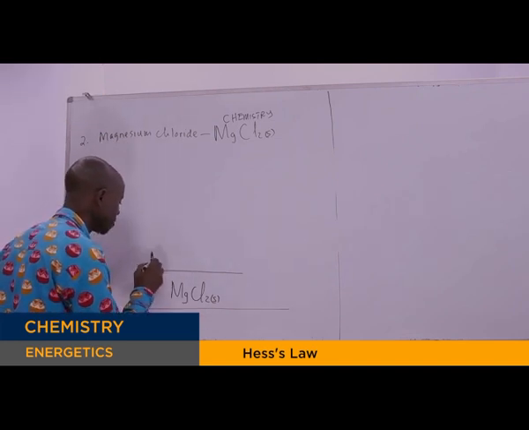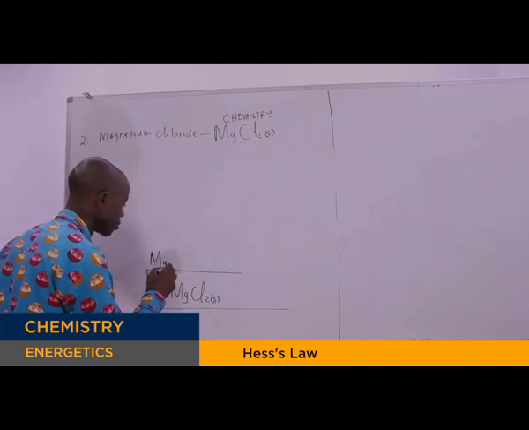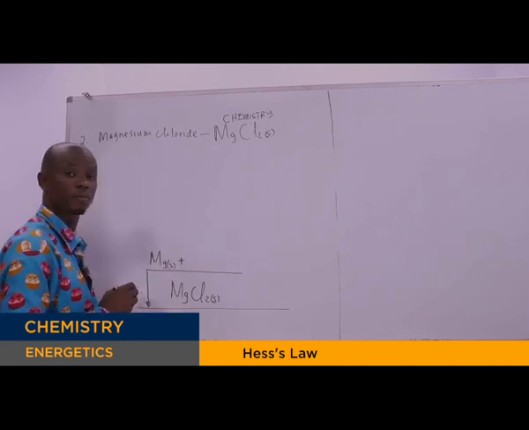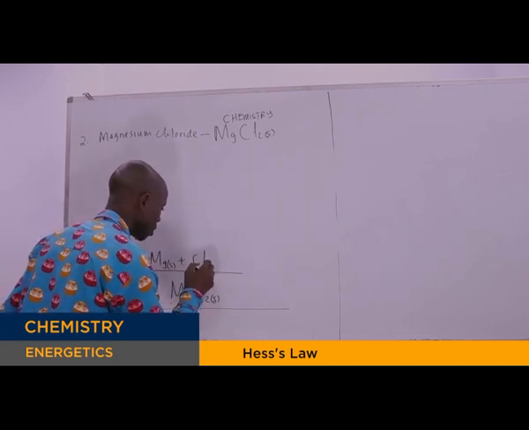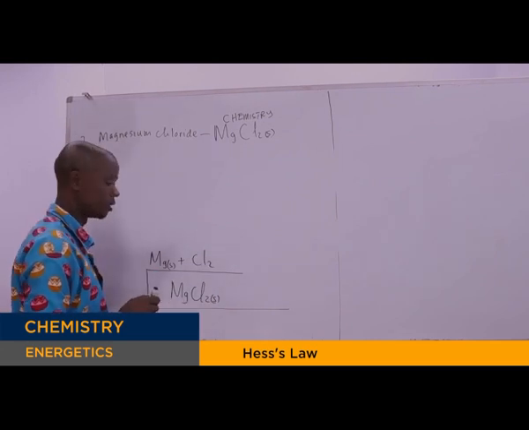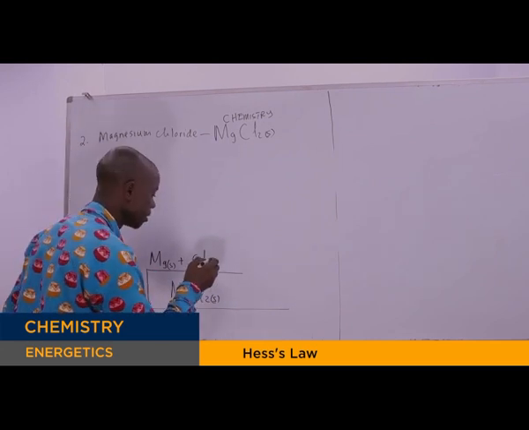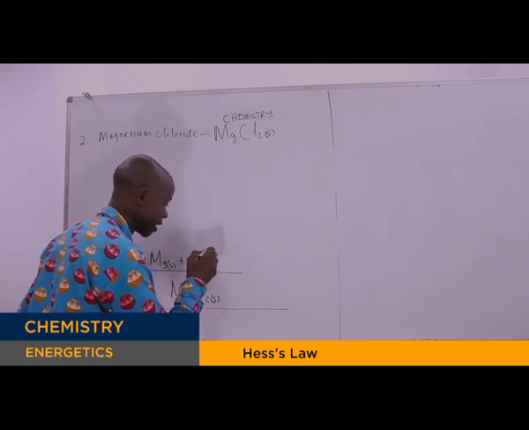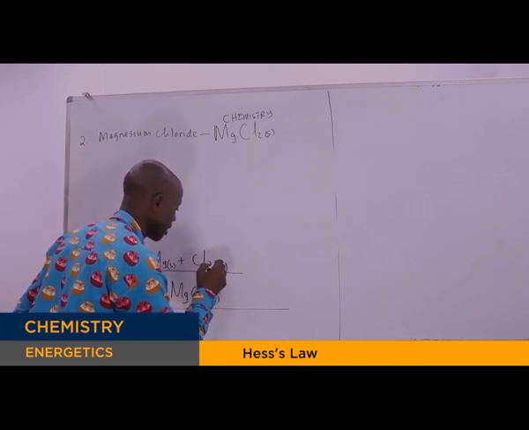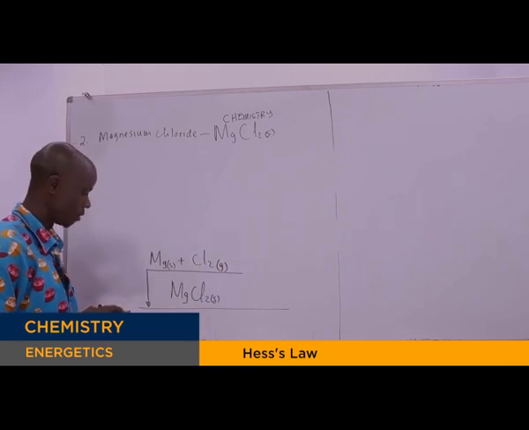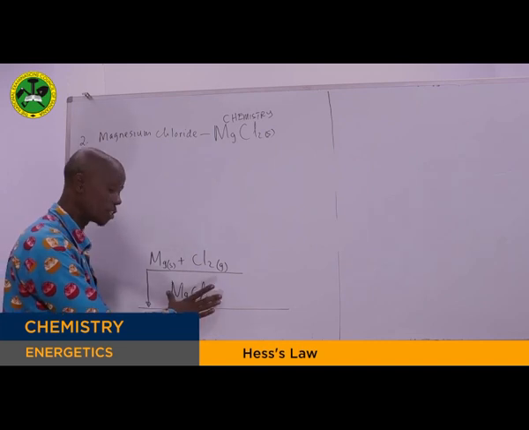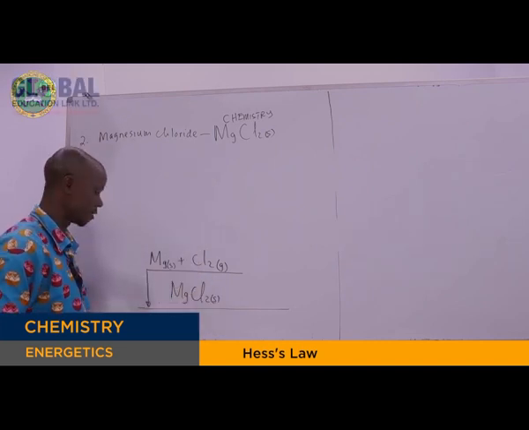So magnesium solid, because it is a metal, plus chlorine. The pure standard state of this element is a gas, the diatomic molecule. So this is the gas. From there, you have to balance the equation, because this is the product and this is the reactant.